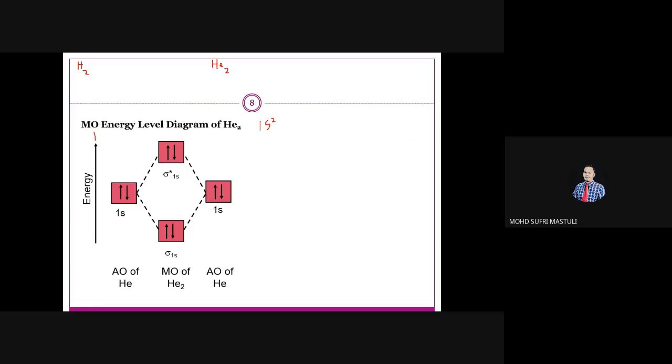So this is the energy axis. The atomic orbital of the first helium is 1s2, and the second helium is 1s2. In the middle is the molecular orbital of He2: sigma 1s and anti-bonding sigma 1s. So how do we fill in the electrons? Since each helium has 2 electrons, we have to distribute 4 electrons: 1, 2, 3, 4. All right.